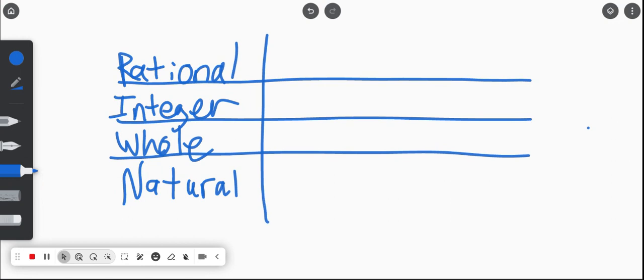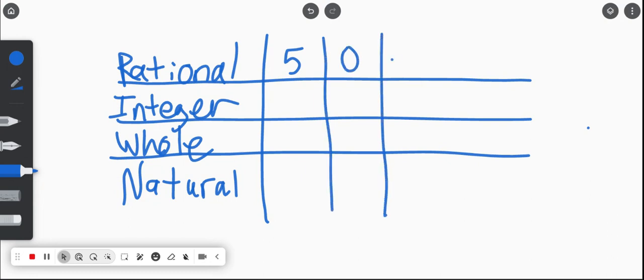Natural. And then we're going to go to the right, and let's just say we're going to start with a positive number, 0, -5, and -0.5. Notice I started with rational on top.